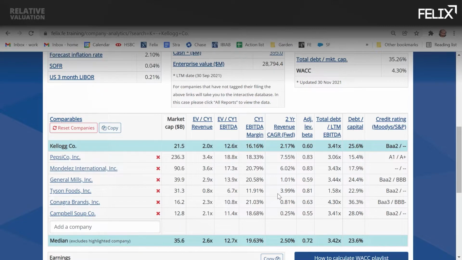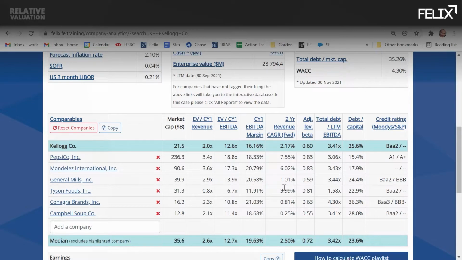But the problem is each dollar of additional growth from Tyson Foods is probably only generating 12 additional cents in EBITDA. Whereas if you're Conagra, it's generating 21 cents in additional EBITDA, and for Kellogg, 16 cents in additional EBITDA.